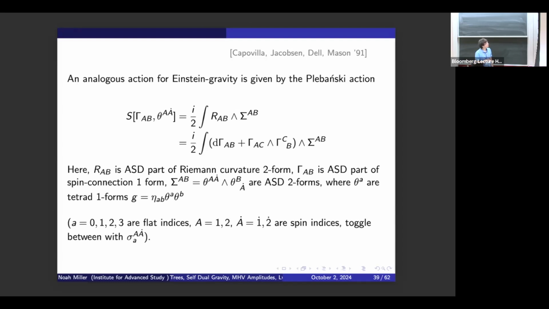These sigmas are a basis of three anti-self-dual 2-forms, made out of the tetrad 1-forms. Here little a is the flat space vierbein index, and capital A and capital A dot are the two spin indices, toggling between Pauli matrices. Even though this is written in terms of purely anti-self-dual variables, it's actually an action for full Einstein gravity.